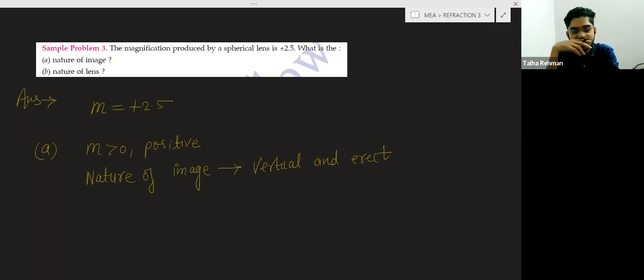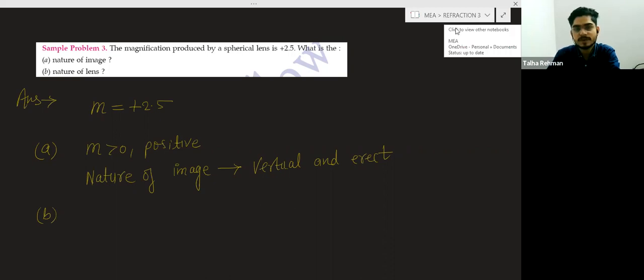And now they are asking the nature of the lens. We have not studied the concave lens till now, so the lens will be a concave lens.